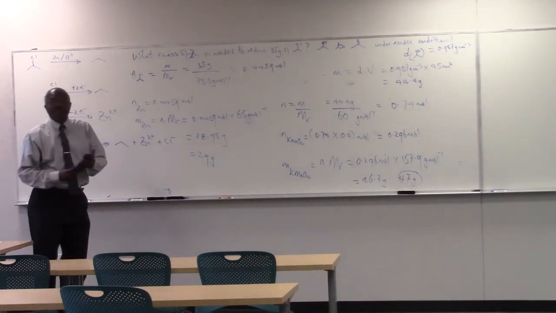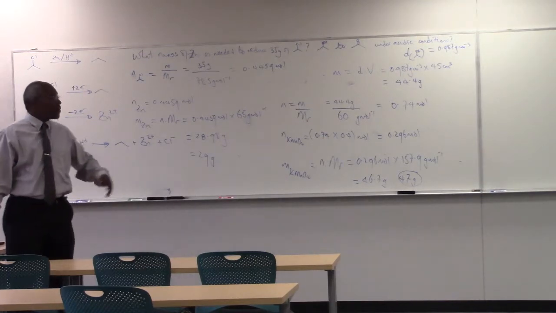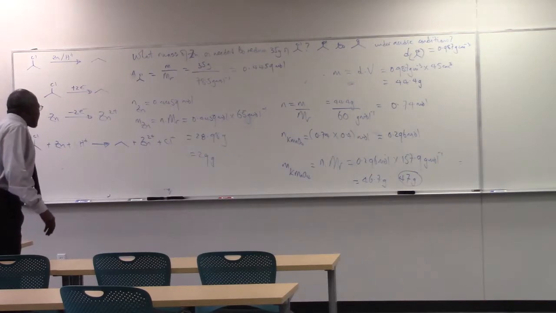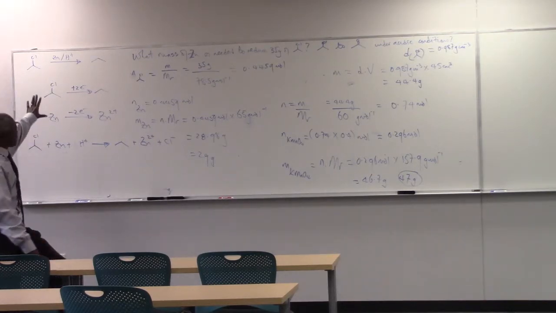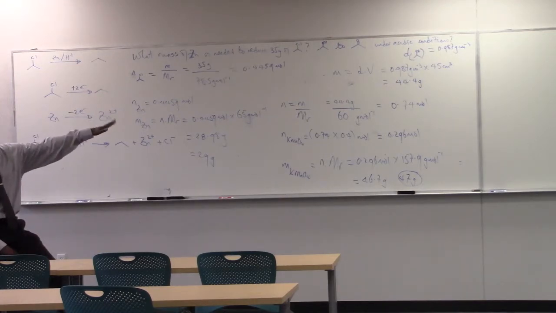Okay, so the forms in which these questions will show up will be this, and they may be as trivial as just how many equivalents do you need, right, which is just the heart of this on the left. They could be more involved where you're given the mass of the substrate, the organic compound, and asked for the mass of the reagent, right? And a lot of this is Gen Chem stuff.